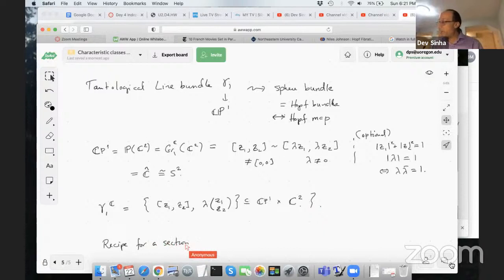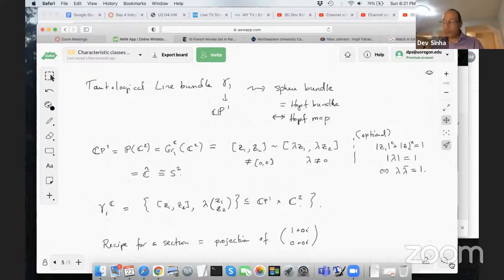It's project E1, so it's the projection onto each line in CP1 to get a vector in that line, in other words, an element of the total space of this bundle, and it's a projection of this vector, 1, 0, onto each line.